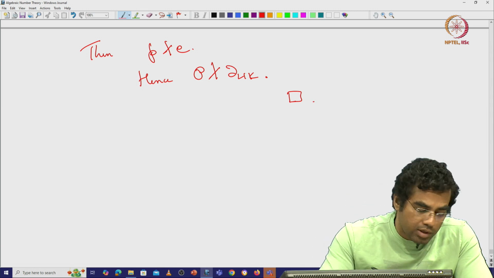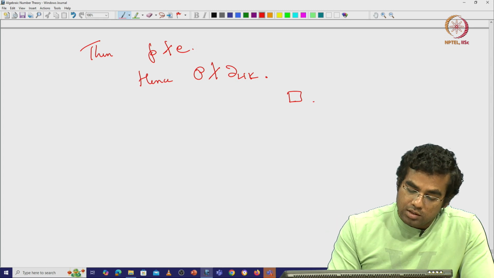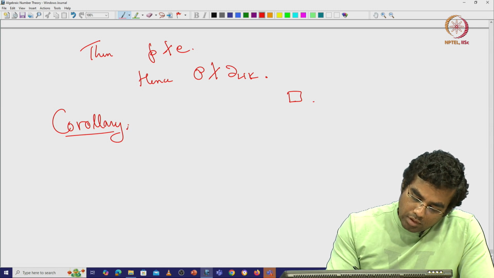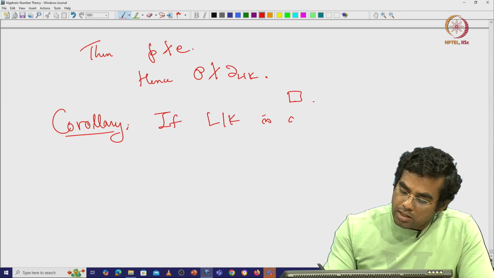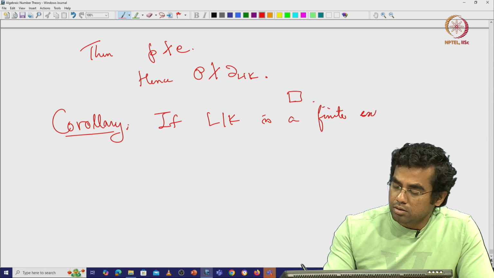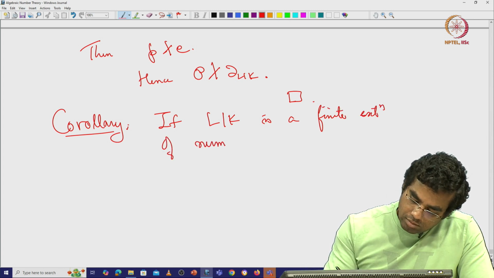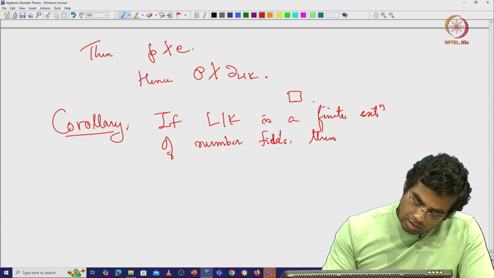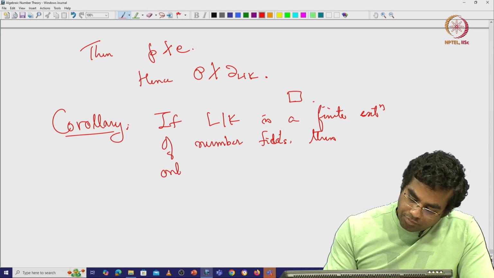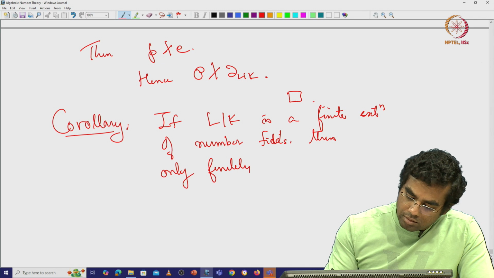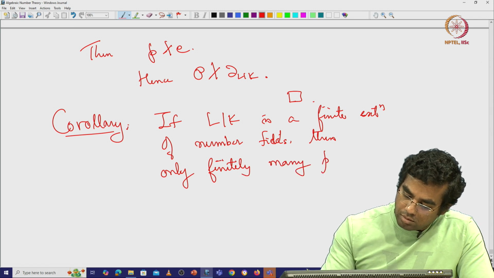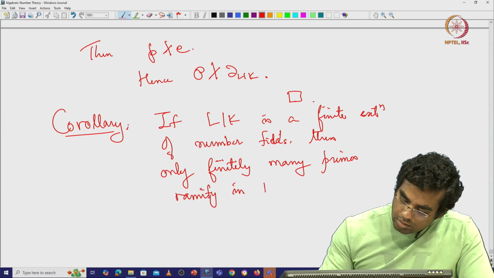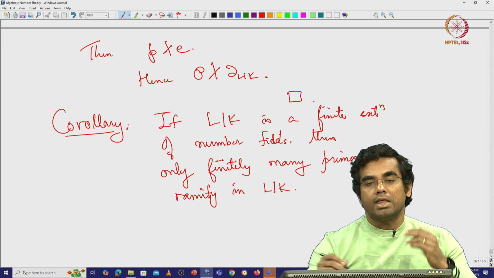So that is fantastic, because now we know that if L over K is a finite extension of number fields, then only finitely many primes ramify in L over K. Of course, that finite set could be empty.